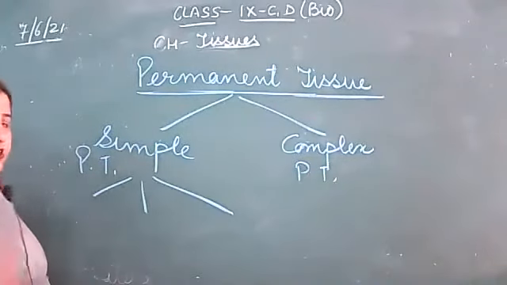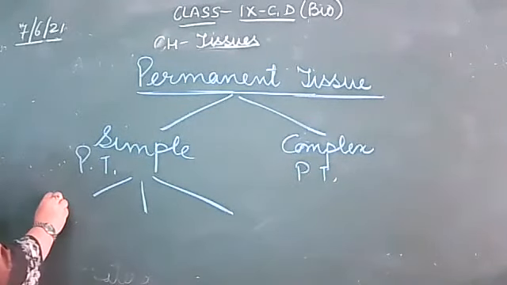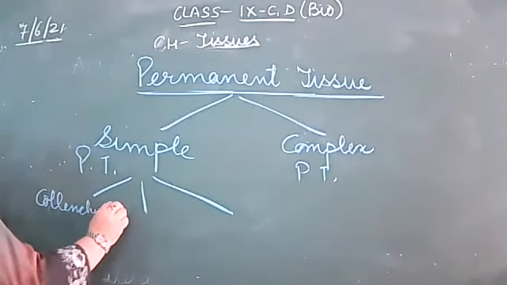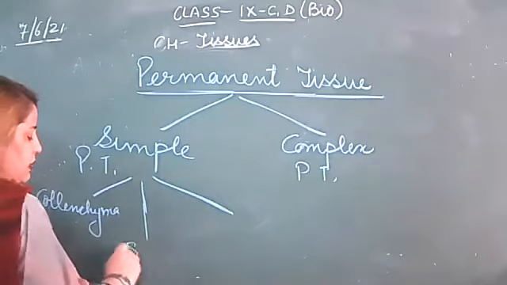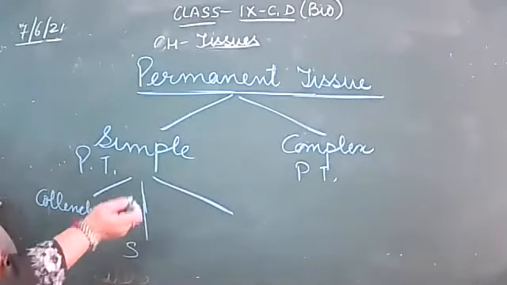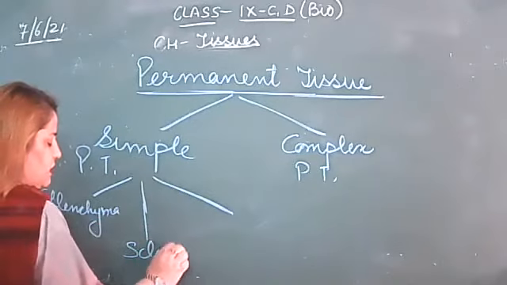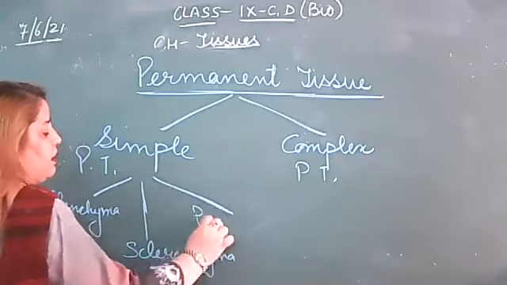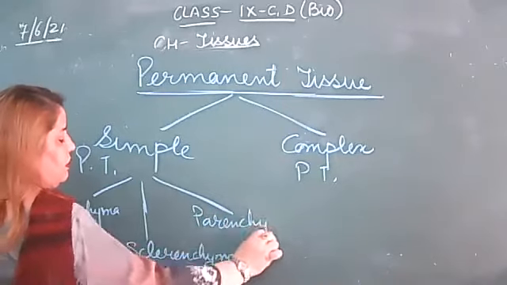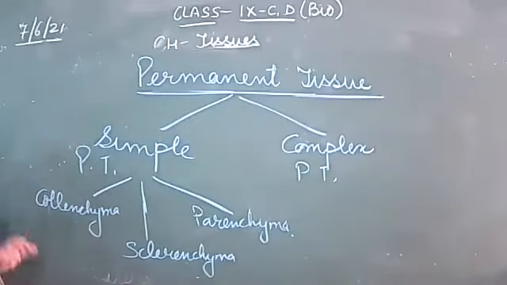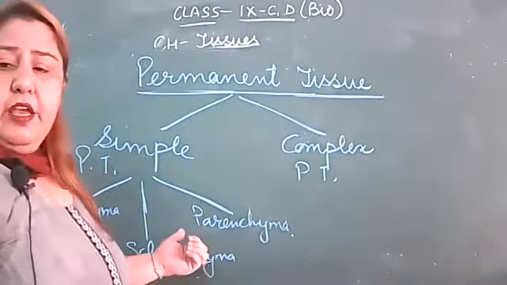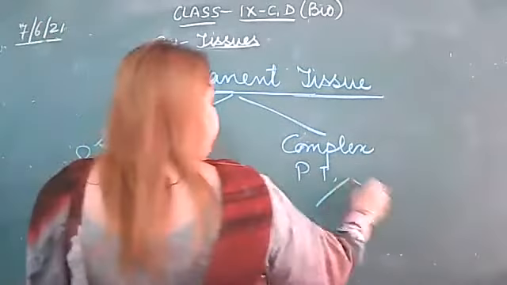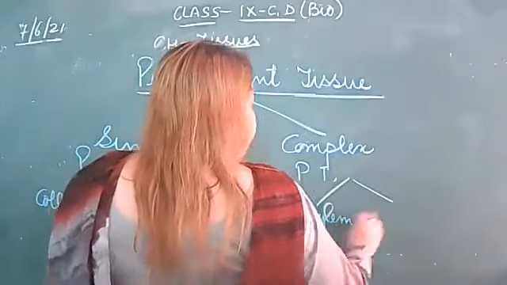Simple is again further three types we had discussed, that is collenchyma, sclerenchyma and parenchyma. ये हमने discuss किया था, right? And complex is of two types, xylem and phloem.